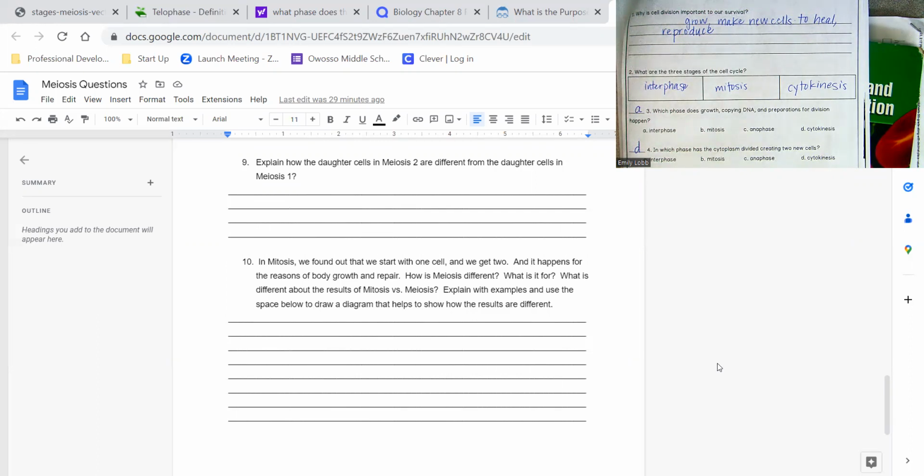What is different about the results of mitosis and meiosis? Explain with examples and use the space below to draw a diagram. I think you could use a Venn diagram. You could even look up a Venn diagram about meiosis and mitosis. You could use 2 charts, 2 tables, 2 columns.